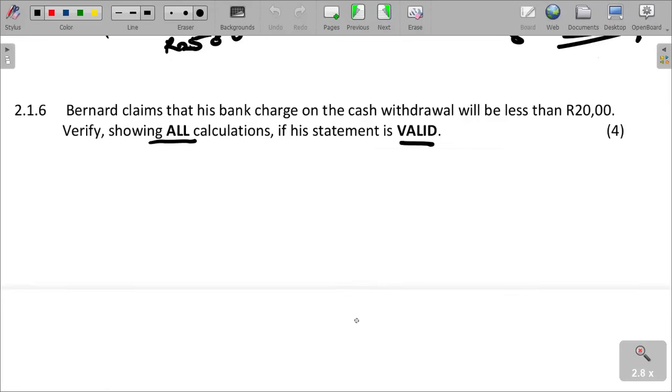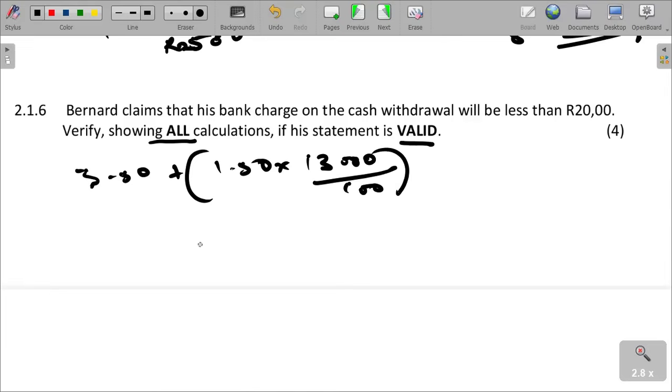according to his statement, that is wrong, because we said 3 rand 50 plus 1 rand 50 times 1,300 per every 100 rand.